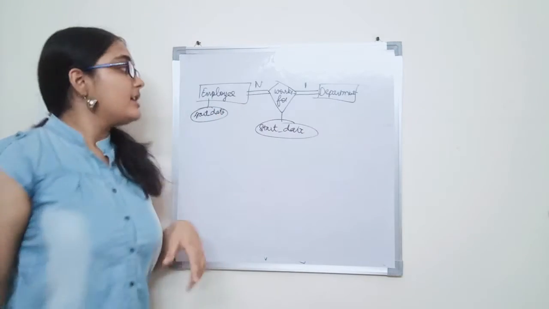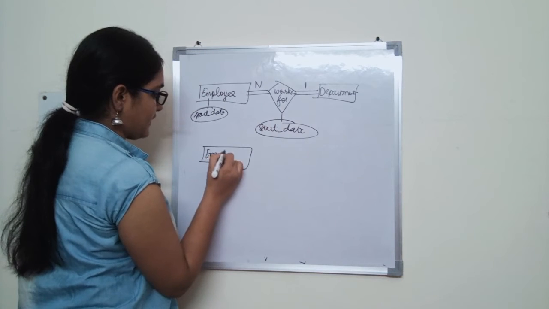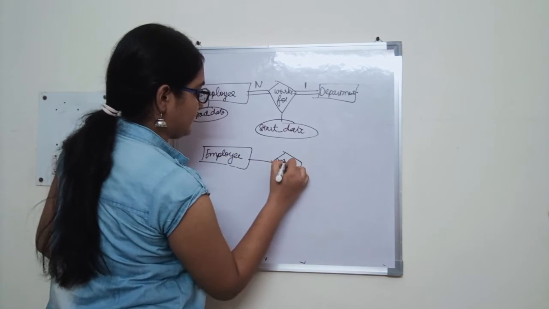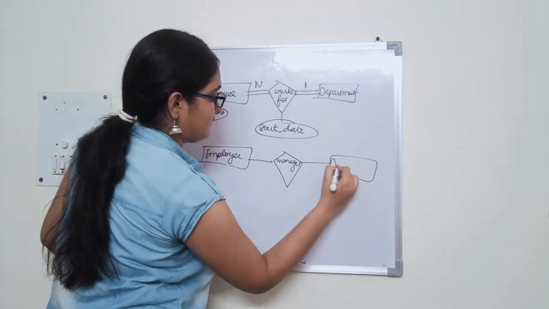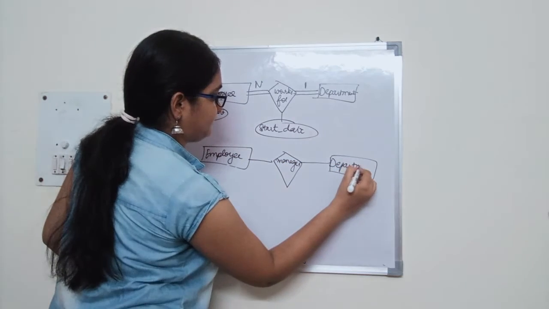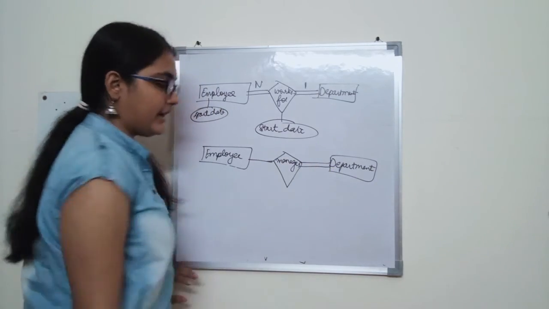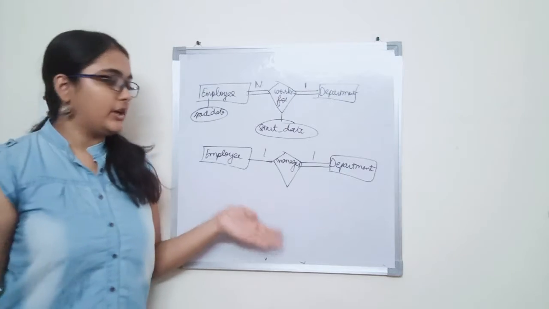Alright, so now in case of 1:1 relationship, which was employee manages department. Alright, this was 1:1 relationship. You can cross check by going back.